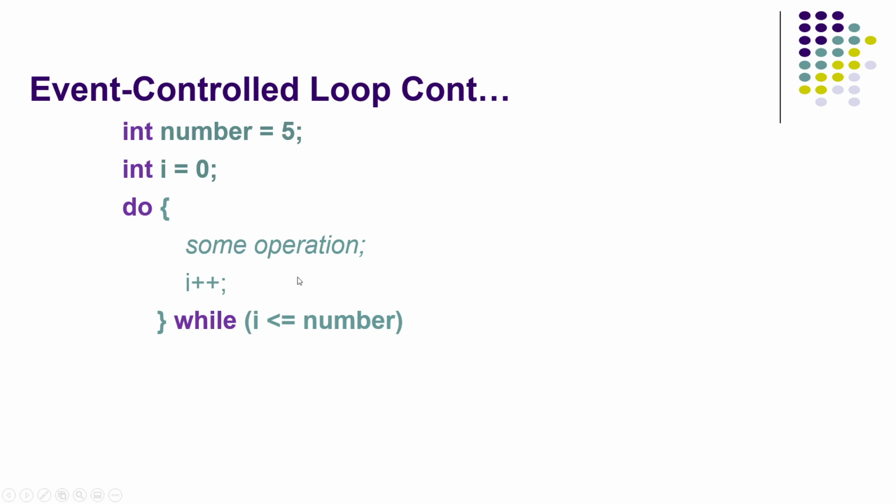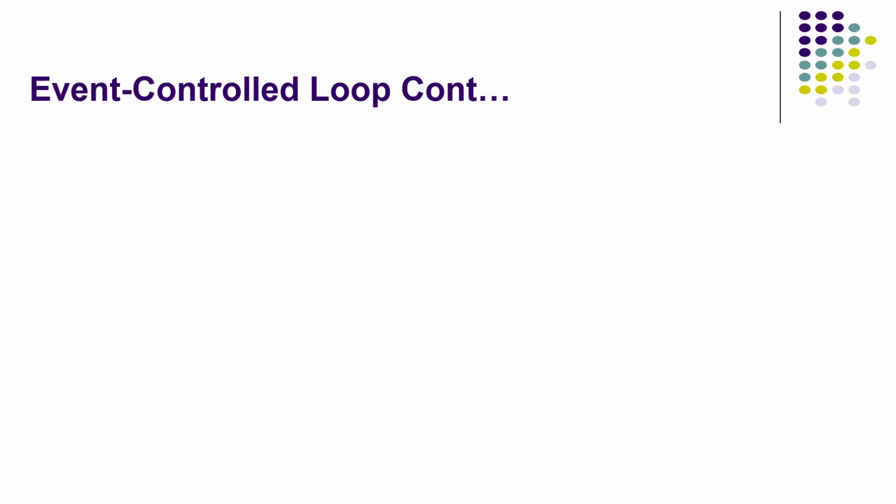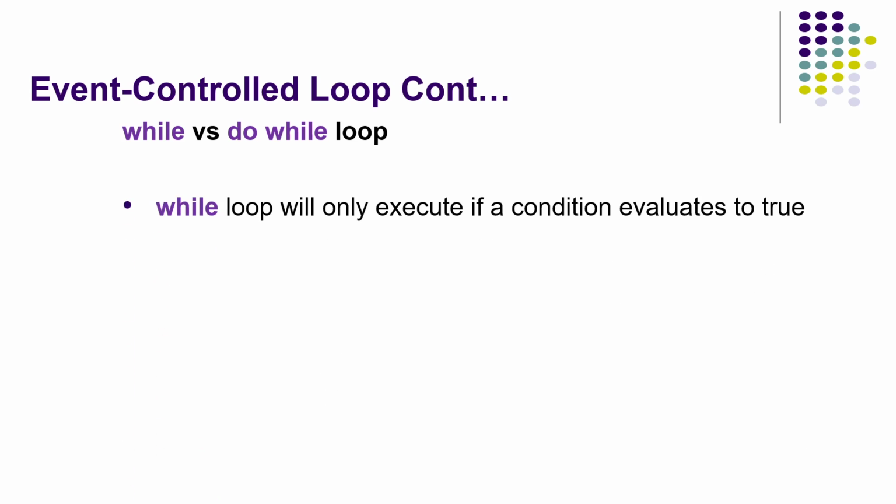So what's the difference, you ask me? What's the difference between while and do while loops? Here it is. A while loop will only execute if a condition evaluates to true, because it checks the condition first, as we saw, and then it runs the event.